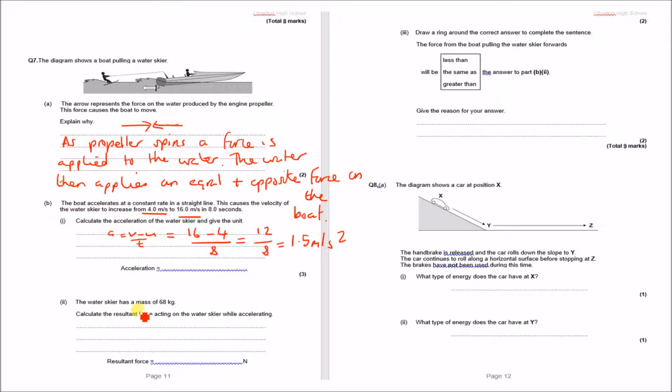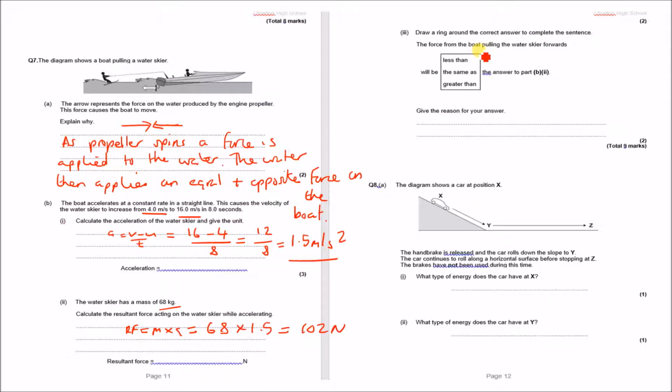Okay, the skier has a mass of 68 kilograms. Calculate the resultant force acting on the water skier. So RF is equal to mass times acceleration. We know our acceleration is 1.5, we've just worked that out. The mass is 68, so 68 times by 1.5 is going to give you 102 newtons.